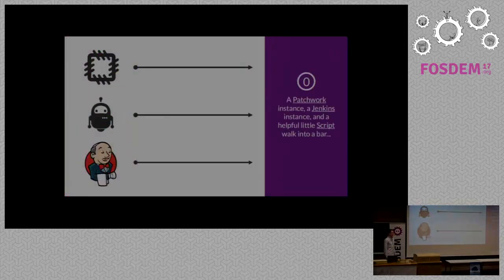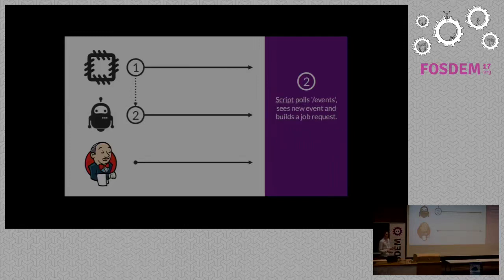Starting off, Patchwork receives patches from a mailing list and it fires events. Remember, events is still in development, so any of the examples I show might change in the next week or 2. But it'll fire a patch complete or a patch dependencies met event, which you have some little script running somewhere. It's able to pull in those patches and it's able to build your job request, which it's going to submit to Jenkins.